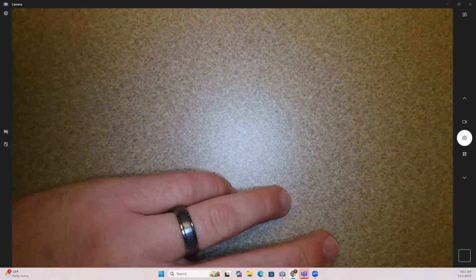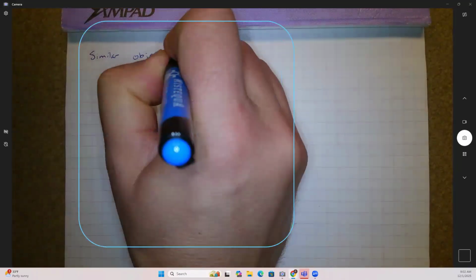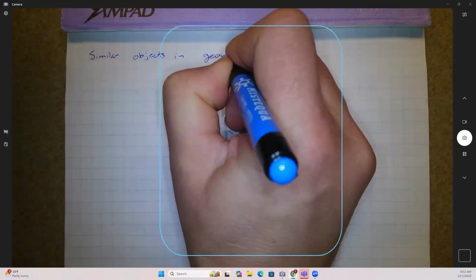All right. Last idea from this section is similar objects in geometry. So we're back to geometry.